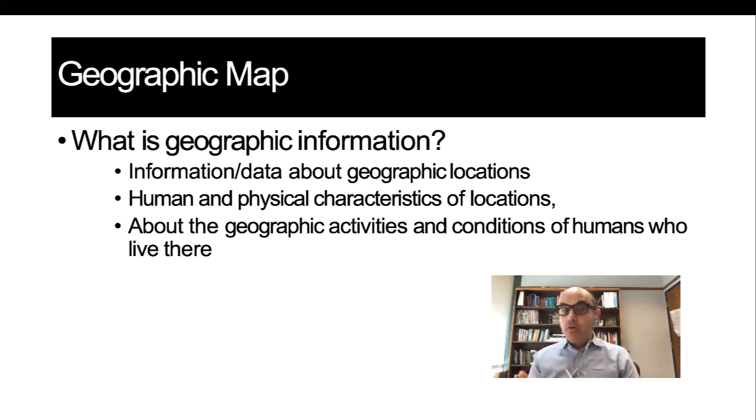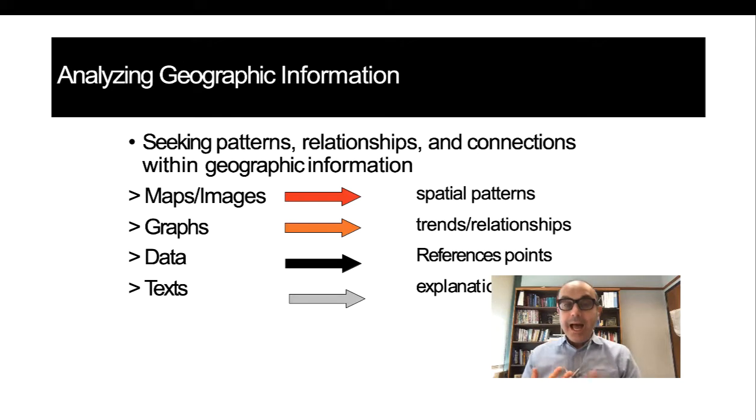So geographic information is about the data, the location of the shop or the car, the human and physical characteristics of the location, and the activities and condition of the humans who live there. In the language of visualization, we are talking about maps and images that give us the patterns in the data.